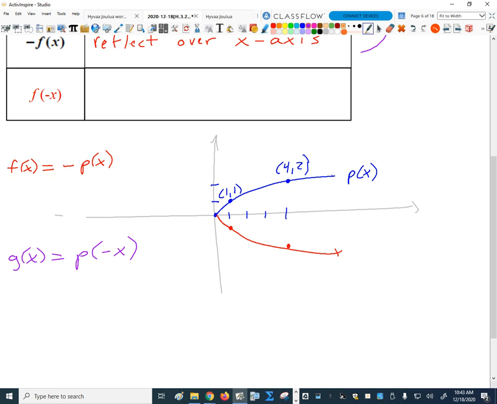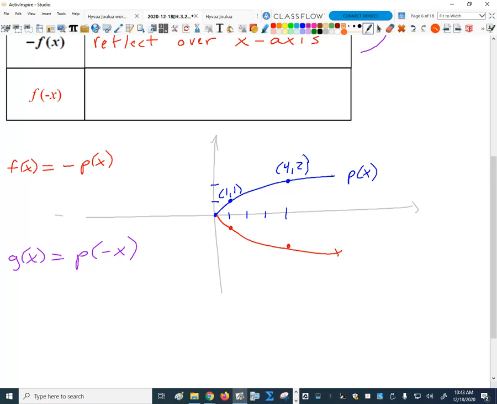What in the world is that going to do? Okay, so if I were to input an x value of 1, what would I get back? If I'm inputting an x value of 1 into g of x, I get p of -1. Is my function even defined for -1 if it's a square root?